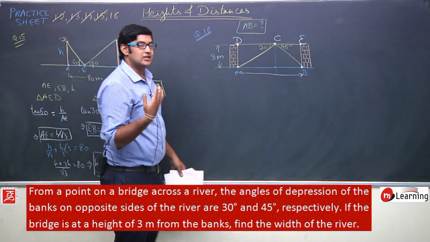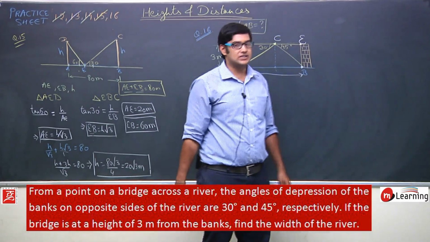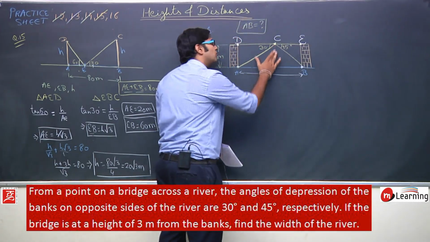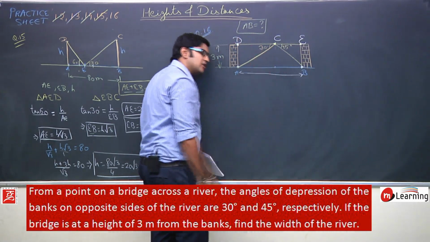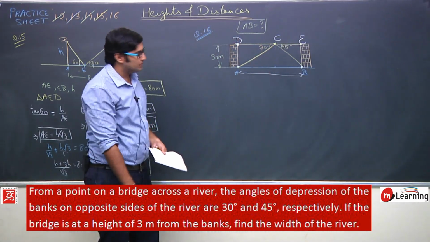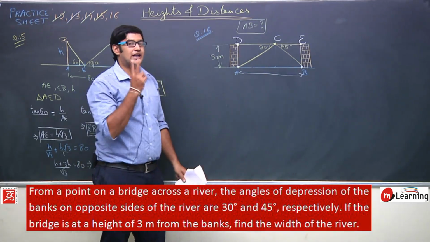Now the next thing is, try to determine the triangles that are getting formed in this diagram. Even if you do not want to draw this perpendicular, it's your choice. Let us remove this perpendicular, it doesn't matter. So if I look into this diagram, I can see 2 triangles.